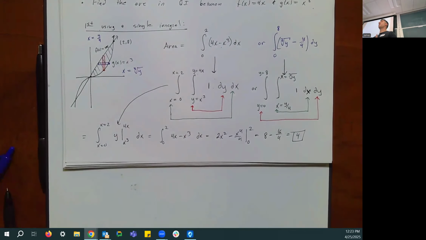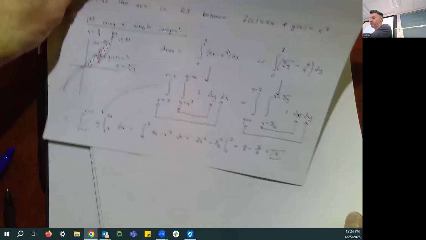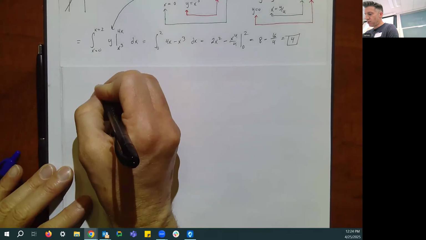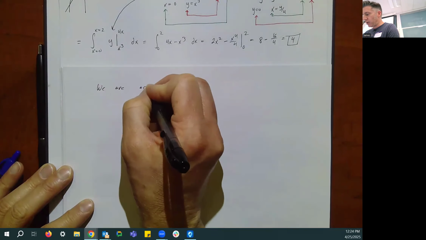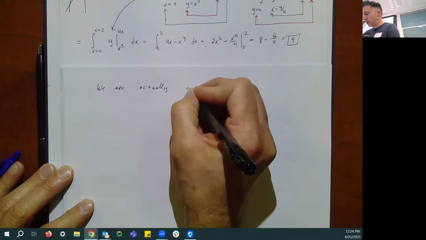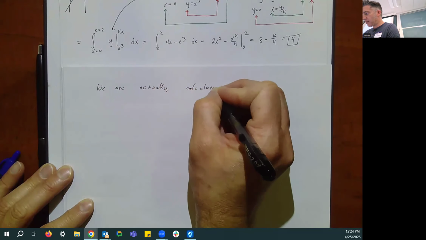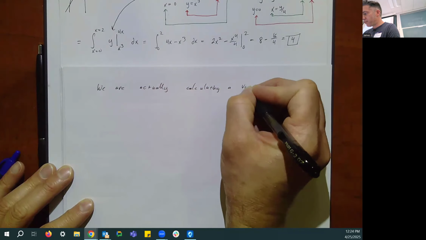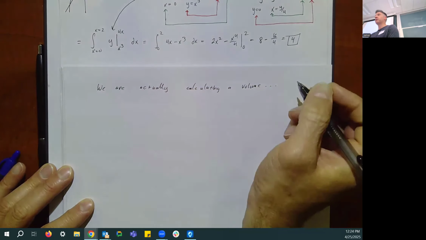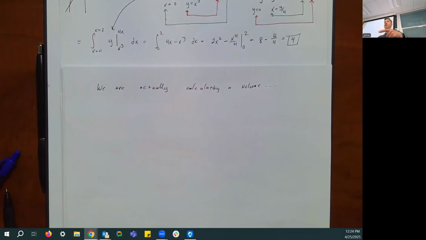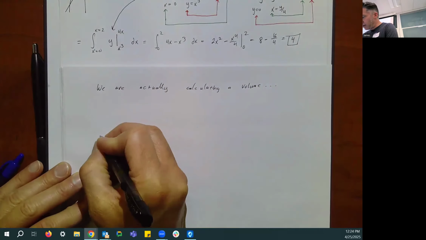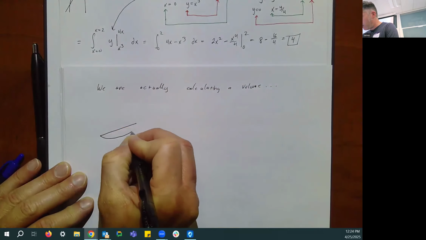But although it is the area of the shape, what we're actually doing is calculating a volume. It's the volume of the shape that would have that base and a height of 1. And I'm going to try to draw it. It's probably not going to look great, but here's my base shape in the plane.